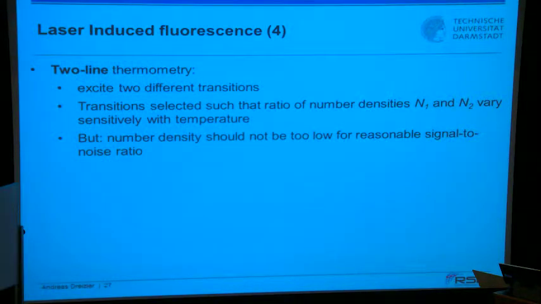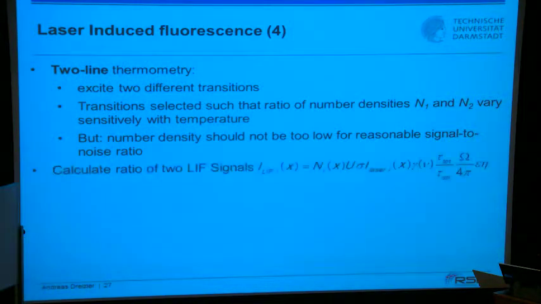Following the same idea as before, you have a measured quantity which is proportional to the number densities of the first and the second probed lines. But of course, you have to select them wisely, and that brings us back to the reason before. They should be sufficiently populated that your noise is not too high.